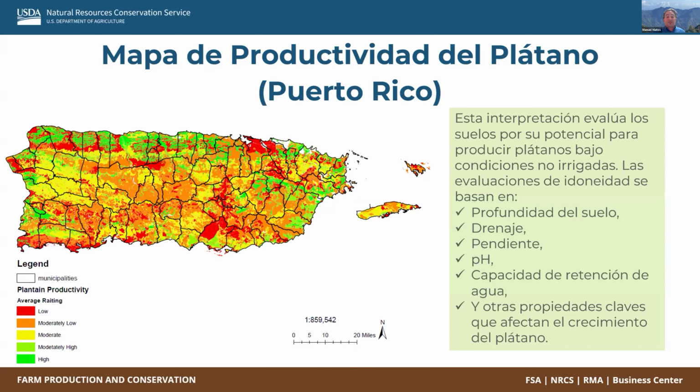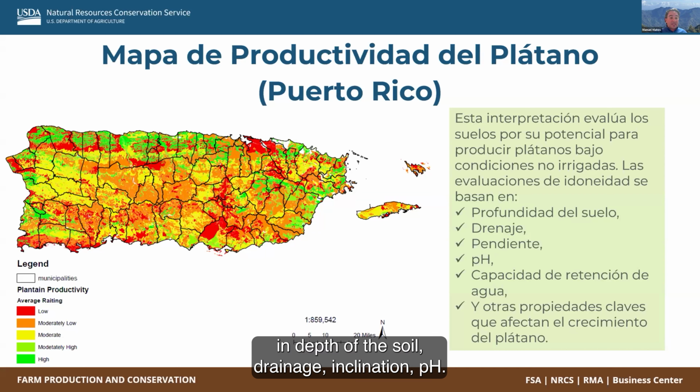Here we see the productivity of plantains. Here the soils were interpreted under the conditions of suitability in depth of the soil, drainage, inclination, pH.